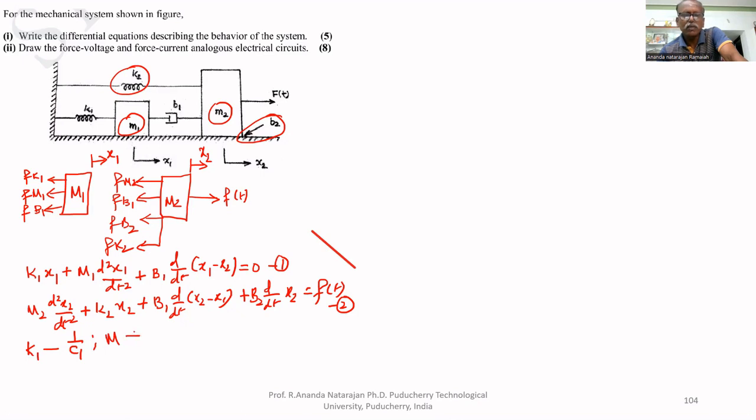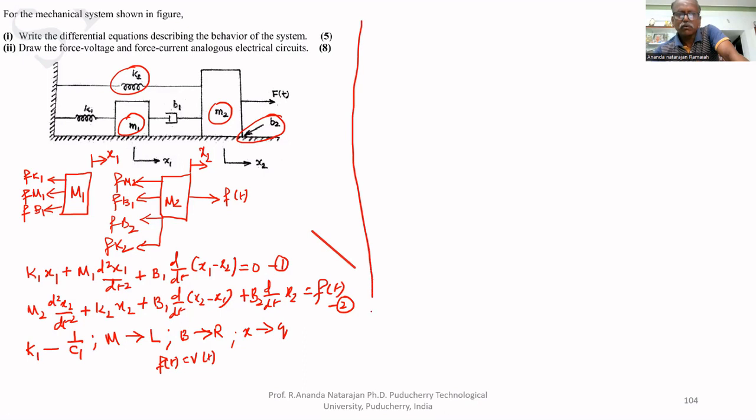M should be replaced by L, and B should be replaced by R, resistance. X by Q, charge. The applied force F of t should be replaced by V of t.